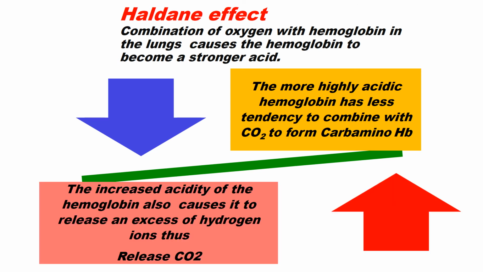The second is that increased acidity of hemoglobin will also cause it to release excess hydrogen ions. These hydrogen ions will bind with bicarbonate to form carbonic acid, which then dissociates into water and carbon dioxide, and finally there will be a release of carbon dioxide from the blood into the alveoli.